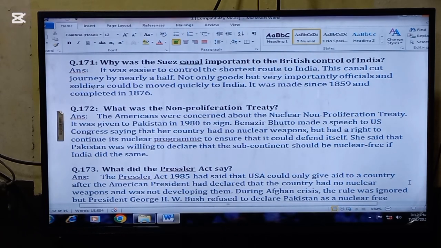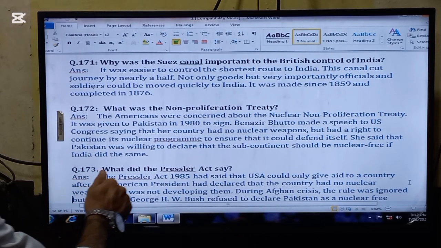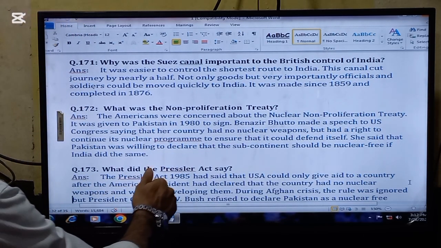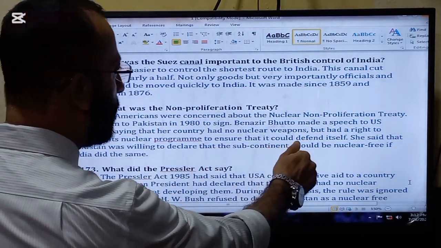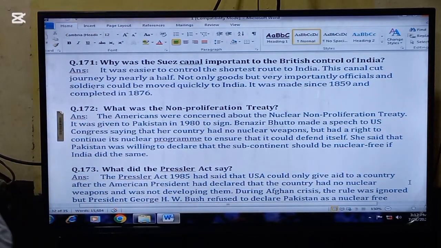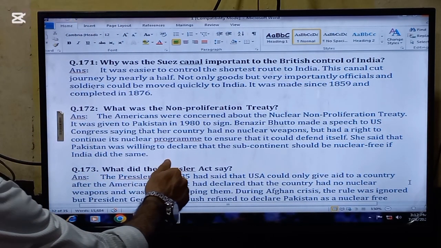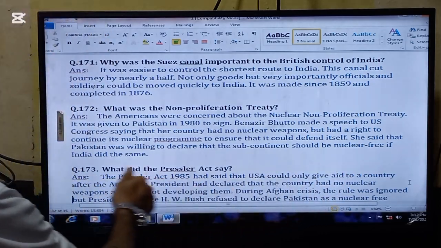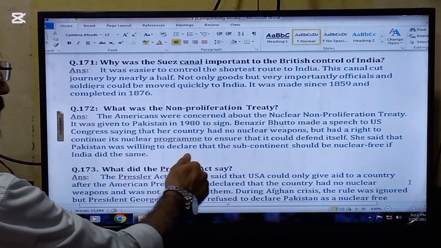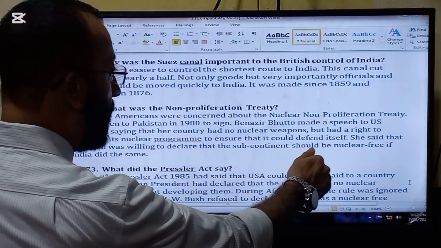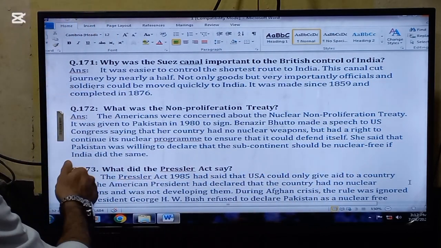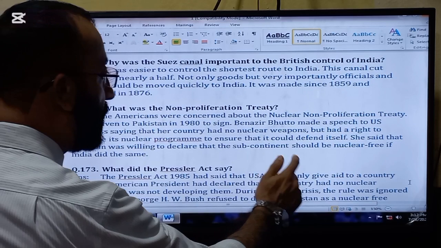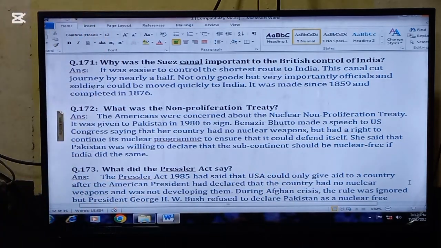The next important question for today is, what was the Non-Proliferation Treaty? The Americans were concerned about the Nuclear Non-Proliferation Treaty. It was given to Pakistan in 1980 to sign. Benazir Bhutto made a speech to the US Congress saying that her country had no nuclear weapons but had a right to continue its nuclear program to ensure that it could defend itself.